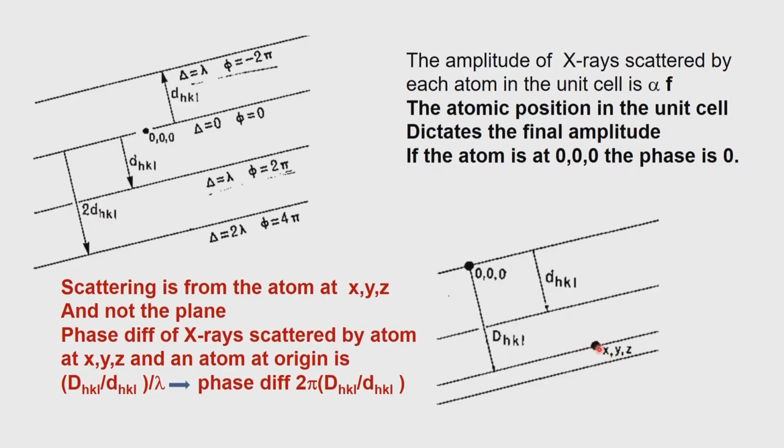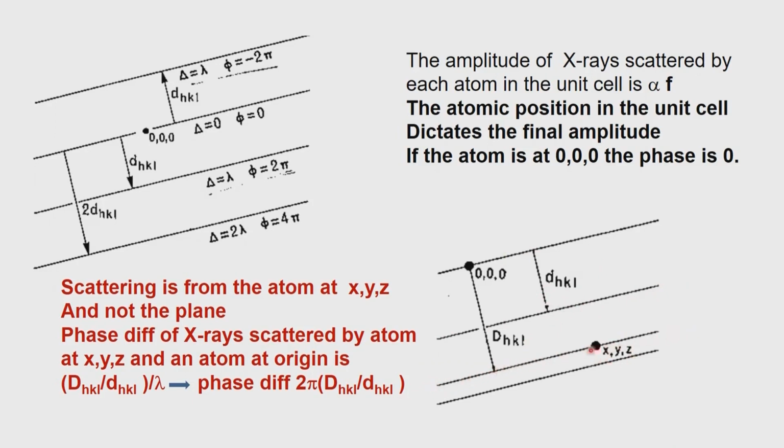So, what you do is you draw a plane which is parallel to the plane. In 2 dimensions we are drawing a line. So, this line which is there 1 d of HKL away is actually giving the scattering associated with it. What we do is we draw a line parallel to that.